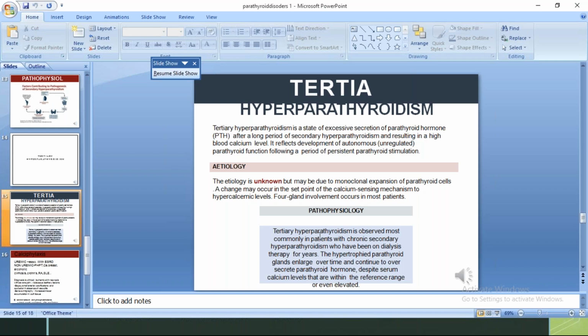It is seen more commonly in patients with secondary hyperparathyroidism who are on dialysis therapy for years together. These hypertrophied parathyroid glands enlarge over time. After enlarging, they become autonomous. Even when the serum levels are normal, they continue to overproduce because these enlarged glands have become autonomous and don't respond to the feedback mechanism of the endocrine system.